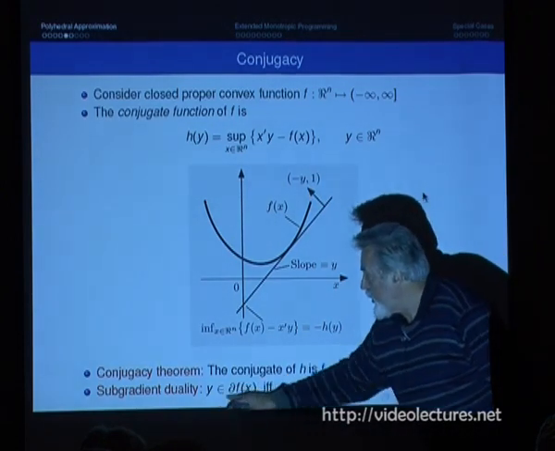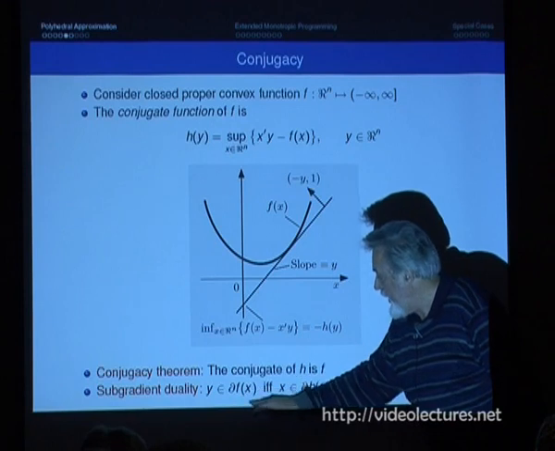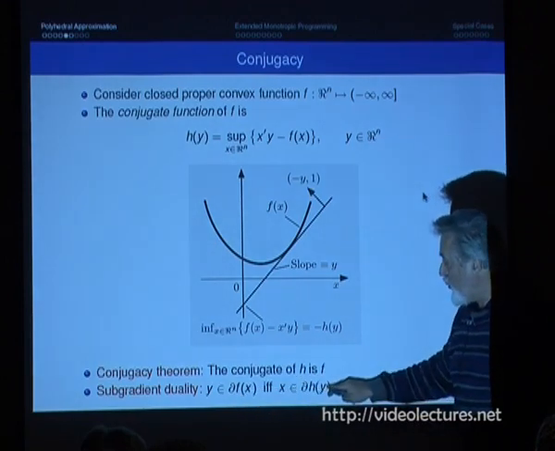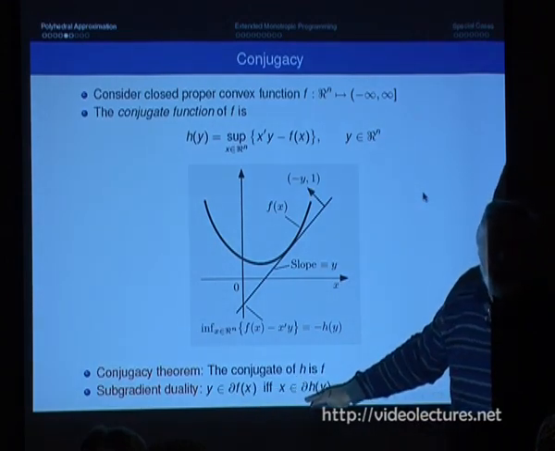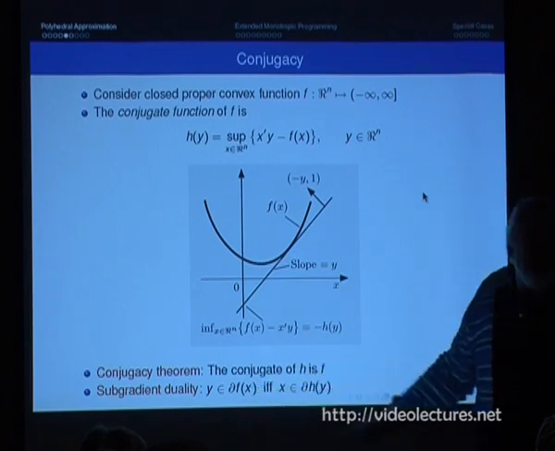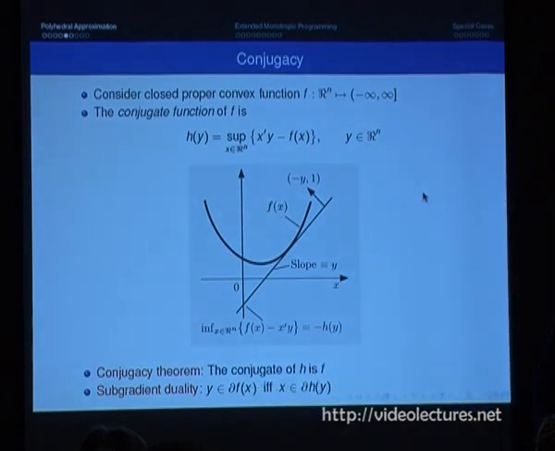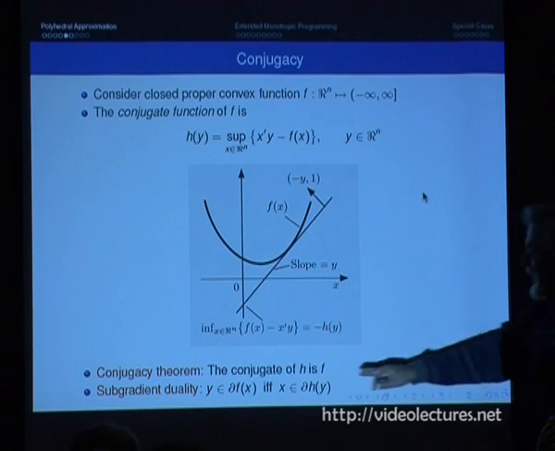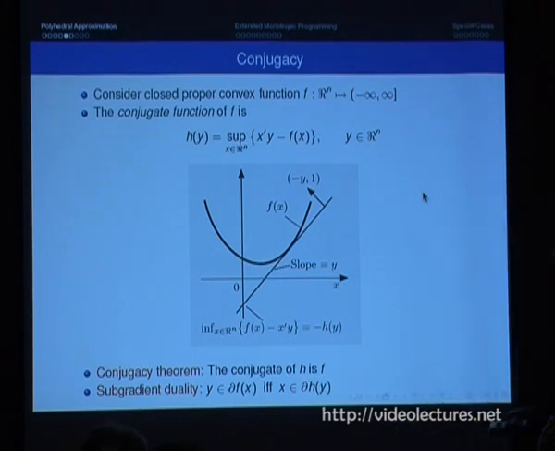If y is a slope at x of f, then x is a slope at y of h. Okay? And this is an if and only if relationship. So slopes in the f correspond to points of contact in the conjugate and reversely.